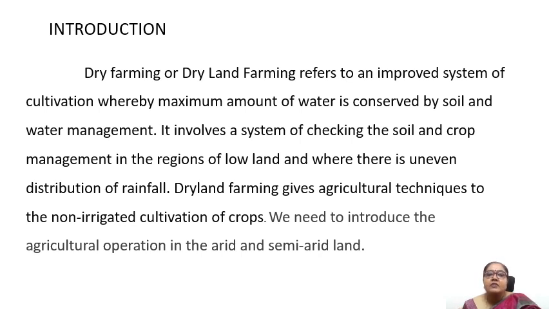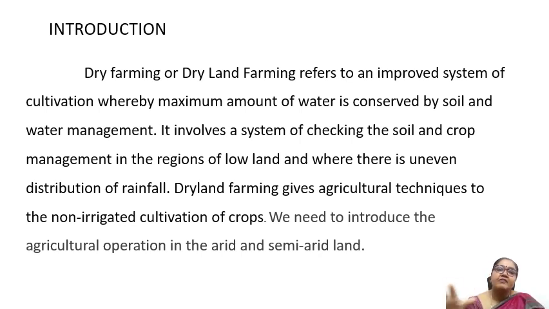So it involves a system of checking the soil and crop management in these regions of lowland where there is uneven distribution of rainfall. We are not talking about those lands which have normal rainfall and sufficient water to grow the crop.